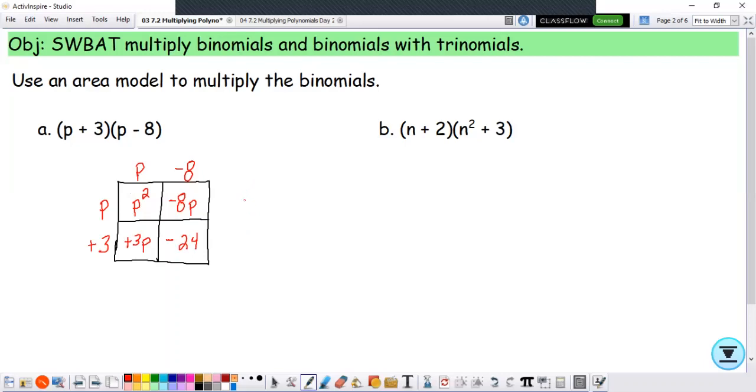So we ended up with p squared minus 8p plus 3p minus 24. Again, I have my like terms in the middle there. So my final product, my final answer is p squared minus 5p minus 24.